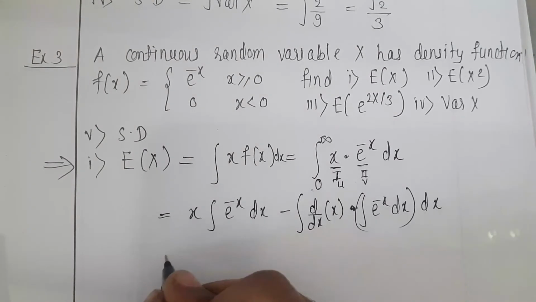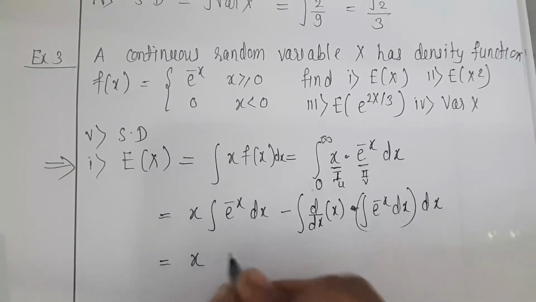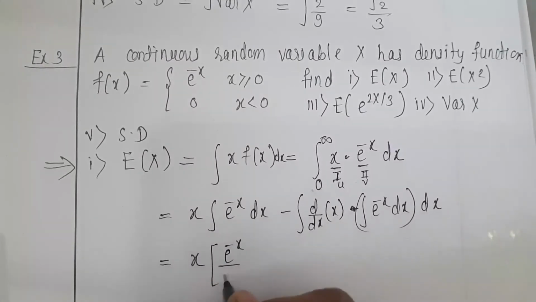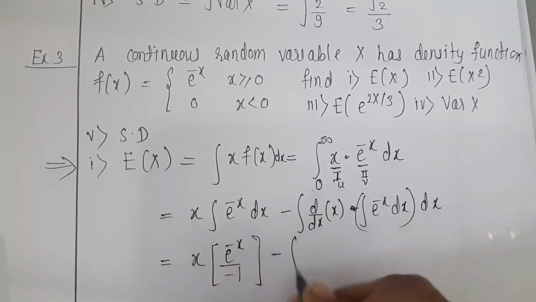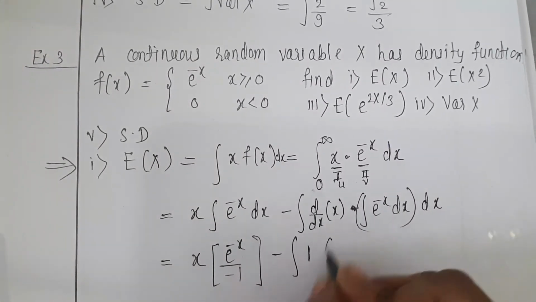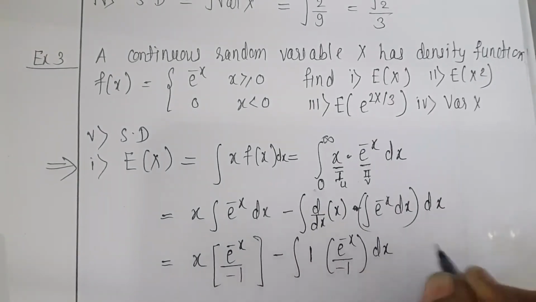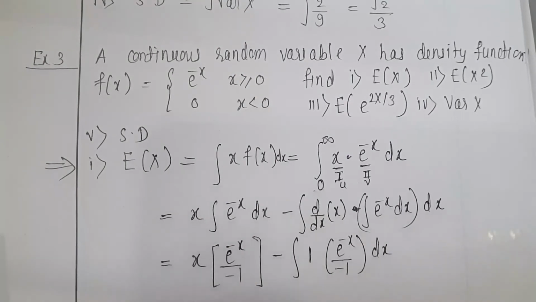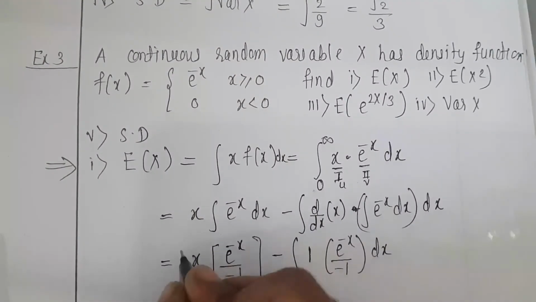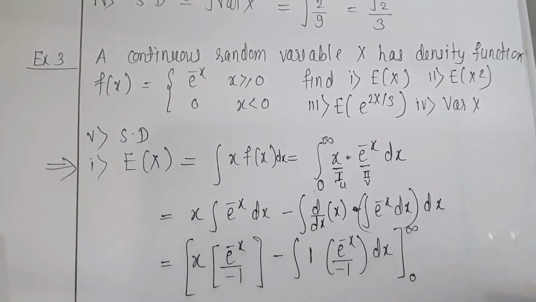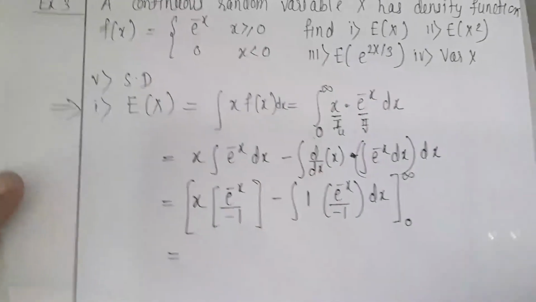So use this u into v rule. x into integration of e to the power minus x is e to the power minus x by minus 1, minus derivative of x, which becomes 1, and this is e to the power minus x by minus 1 dx. This is over 0 to infinity. After simplification we substitute the limit 0 to infinity.